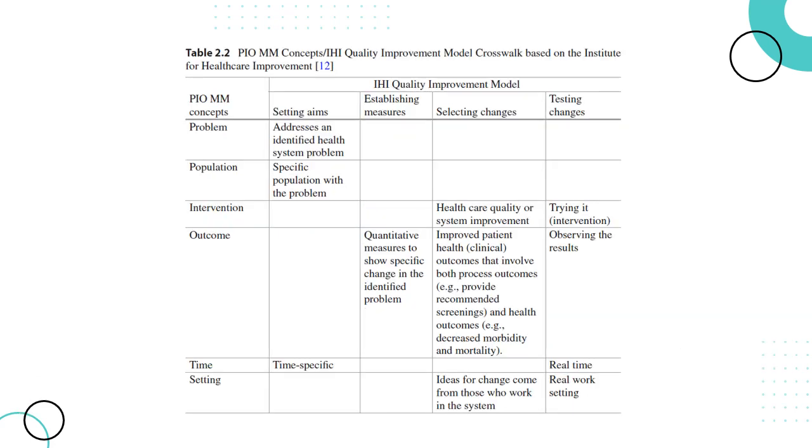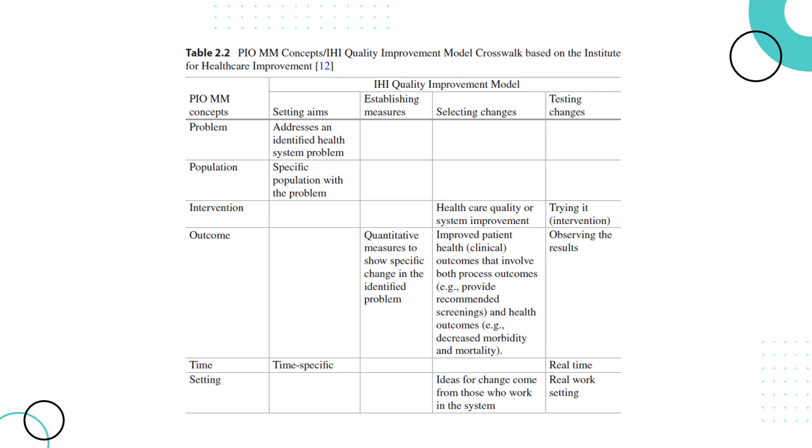Now this is the same sort of thing except relating the PIOMM with the IHI quality improvement model crosswalk. So again, we're comparing the two and seeing where we can find what we need in terms of the PIOMM model. If you can use these concepts within the PIOMM, we can then transfer it over to a logic model or this quality improvement model crosswalk.